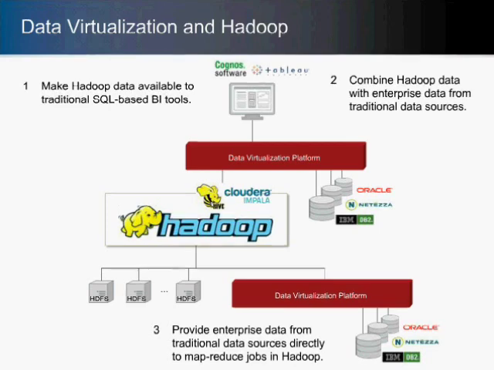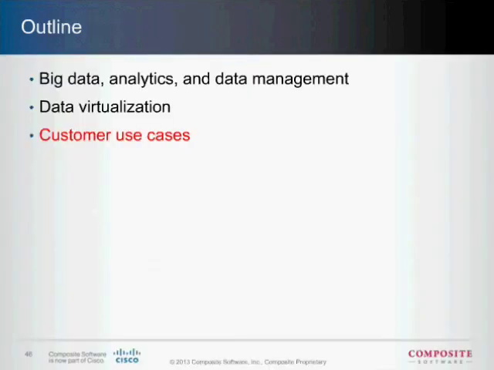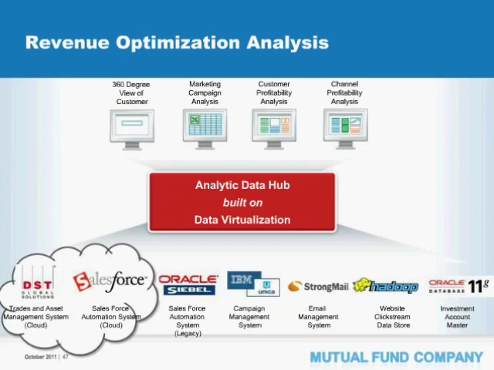So with that background, let's take a look at a couple of customer cases and just talk about how a couple of customers have used data virtualization in conjunction with Hadoop to accomplish a couple of different use cases. So this is a large mutual fund company that you would have heard of if I could use the name. And what they created was an analytic data hub for doing marketing campaign analysis and essentially churn analysis and effectiveness of the campaign.